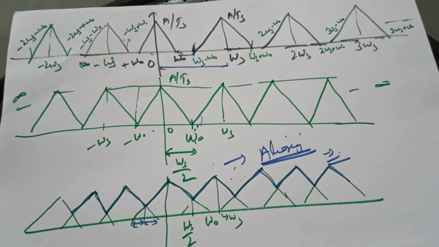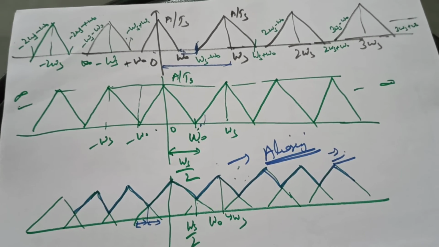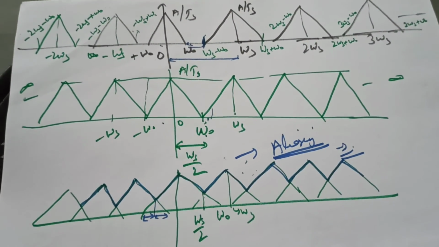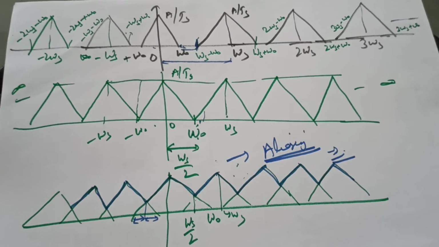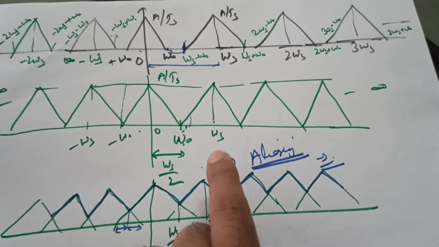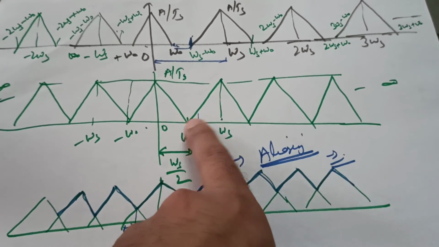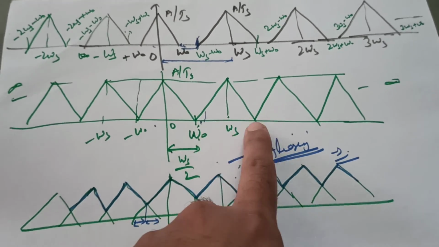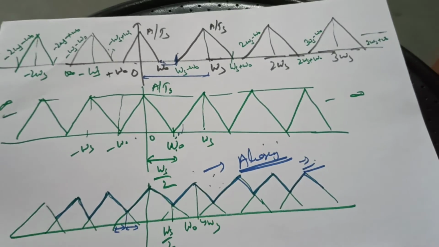Clear? Okay. Second important thing is how the Nyquist sampling frequency is obtained. So it can be very well understood that this omega s has to be equal to 2 omega naught, it can't be less than 2 omega naught.